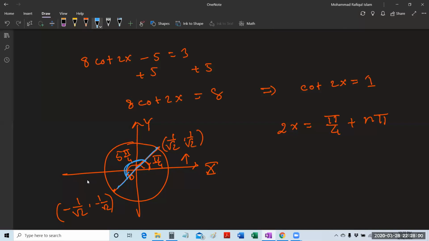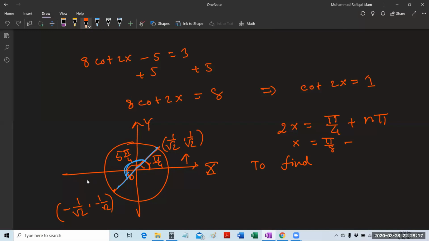Okay, so now, we can also simplify the above line here. The x equals to pi over 8 plus n pi by 2, dividing both sides by 2.